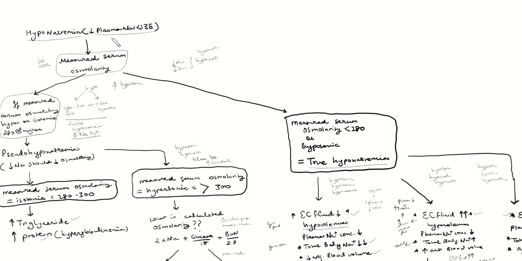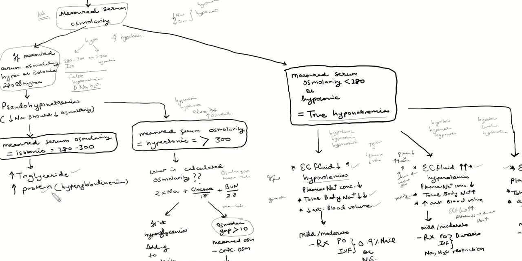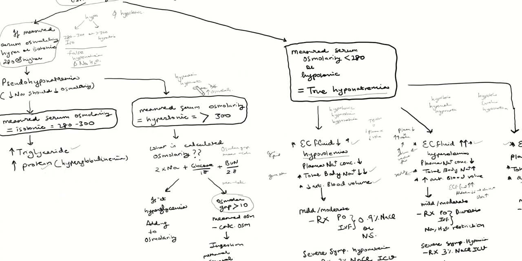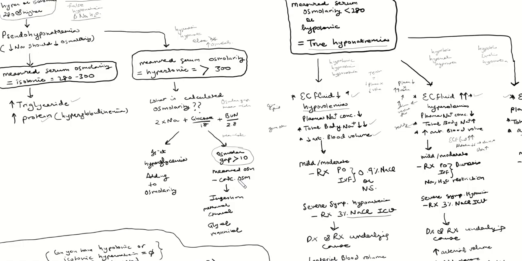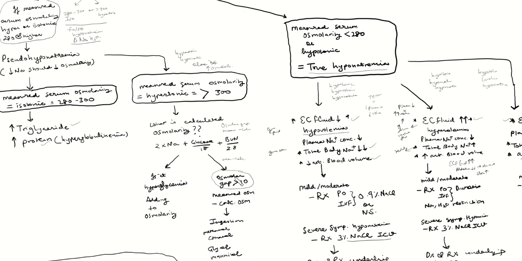We talked about hyponatremia, and then we used measured serum osmolarity to figure out whether it was false hyponatremia because it's isotonic, because of triglycerides and proteins, or it's hypertonic because of hyperglycemia or ingestion of things like methanol, ethanol, because of high osmolar, and we use osmolar gap and sugars to actually see what was causing that high osmolarity in this false hypertonic hyponatremia.